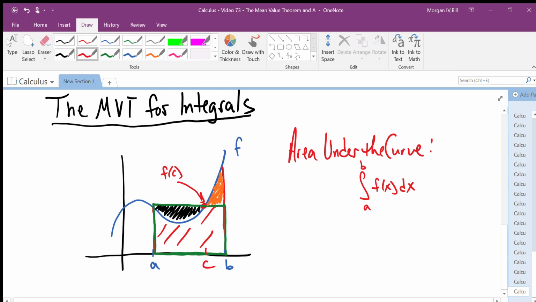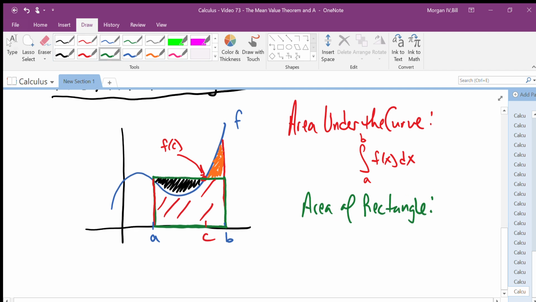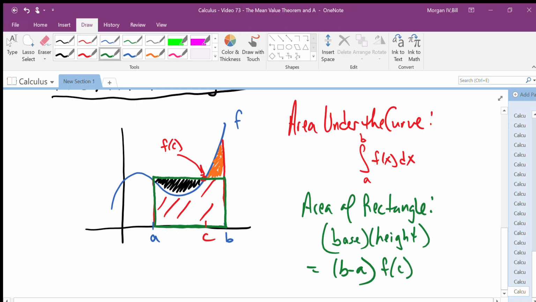So area under the curve is the integral from a to b of f of x dx. Area of the rectangle is base times height. I shouldn't use b, I already used b, so I'll just write out base times height, which is equal to base b minus a times the height, f of c.